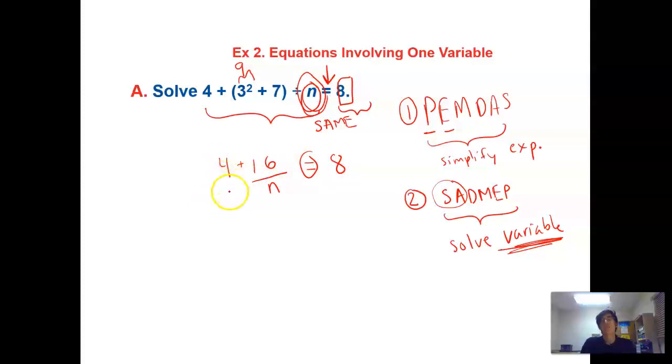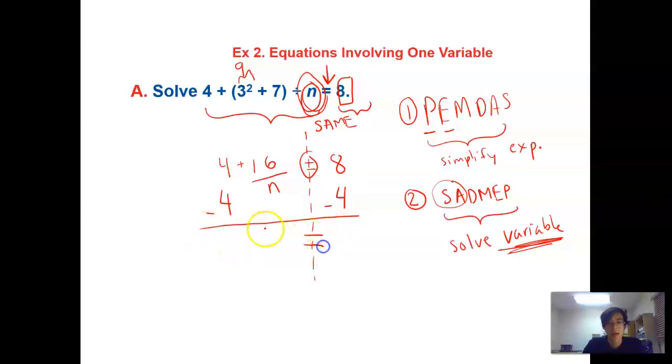So what's the opposite of addition? If I want to move 4 from this side to this side, the opposite of addition, or the inverse, is subtraction. So I would subtract 4 on both sides. I'm going to draw this line so that I keep my work organized, and I'm going to keep the equal sign right there.